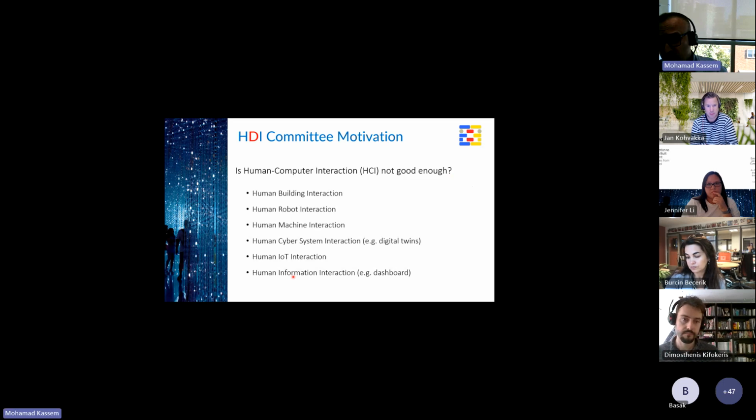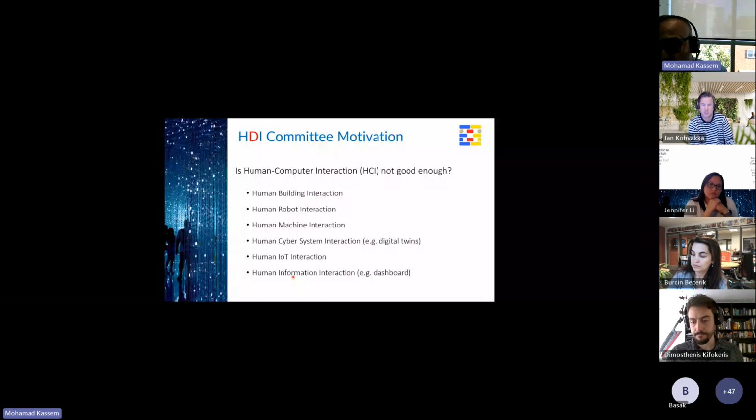So why did we opt for HDI? Why didn't we, for example, stick with human-computer interaction? Is human-computer interaction not good enough as a terminology for us? The reason is, if you look at the various acronyms we have here, human-building interaction, human-robot interaction, and so on, I think it would be really stretching the C within HCI too much to cover all of these things.